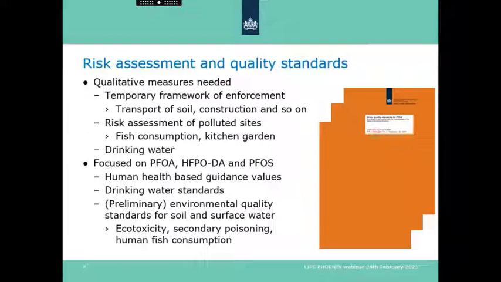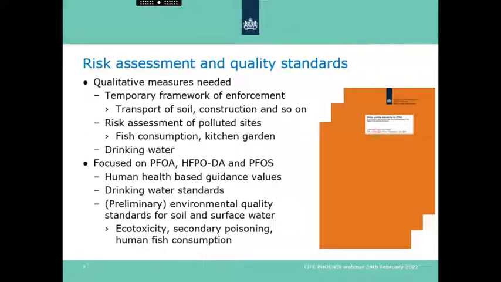Sometimes they were assigned as preliminary because we didn't have that much information, but for some others we had quite some information and we could do a full assessment. For example, not only on ecotoxicity, but also on secondary poisoning, so the poisoning of birds and mammals that live in the food chain that is dependent on the soil or surface water, and also the human fish consumption, which is also directly related to the human health-based guidance values.